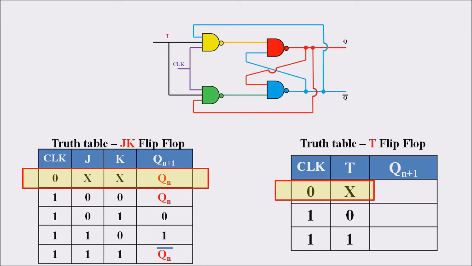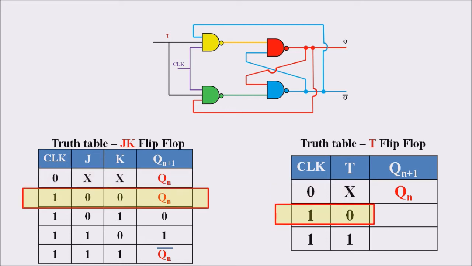This is similar to the JK flip-flop with the clock equal to 0 and J and K values as don't care condition. Here, if we are analyzing the JK flip-flop, the output of this particular condition is Qn, that is a memory condition. Thus, in the T flip-flop also, the clock with 0 and T of either 0 or 1 will result in a memory condition, that is we are preserving the previous data.